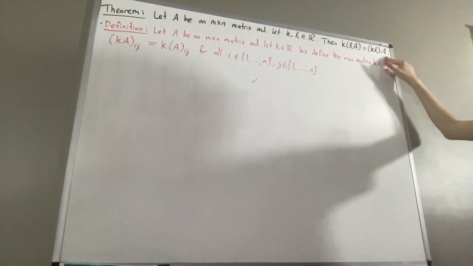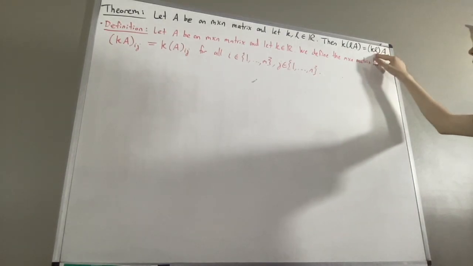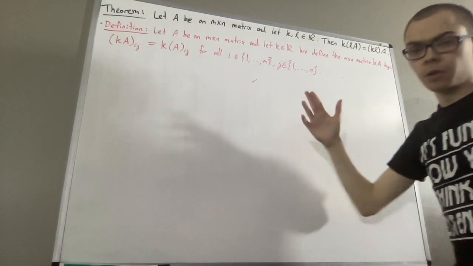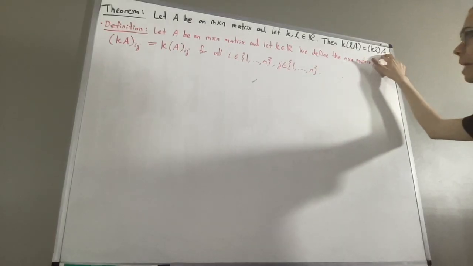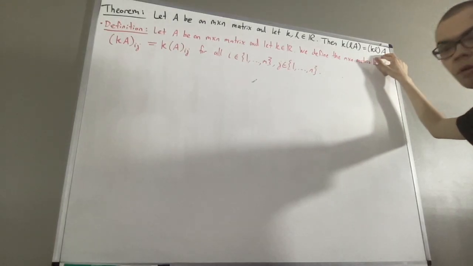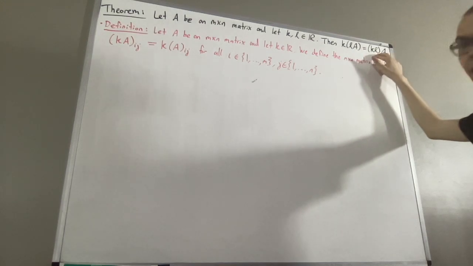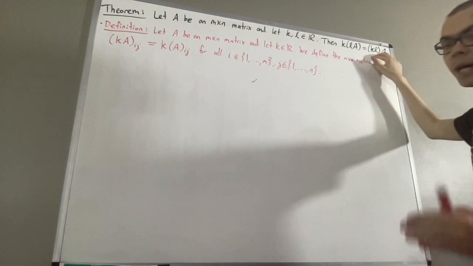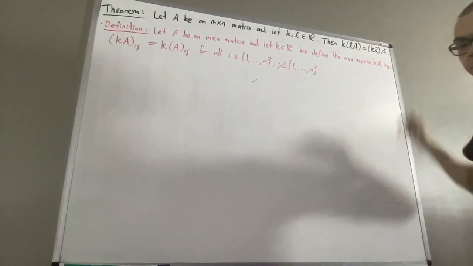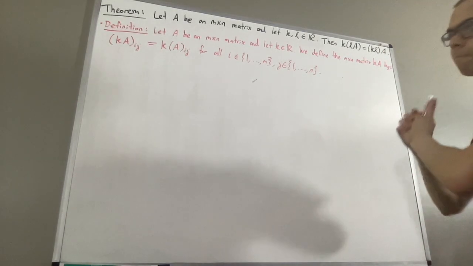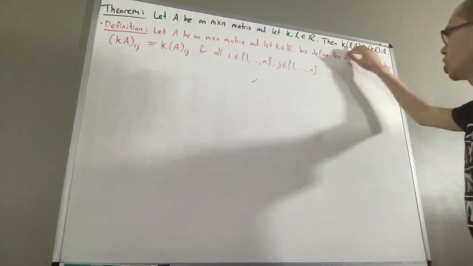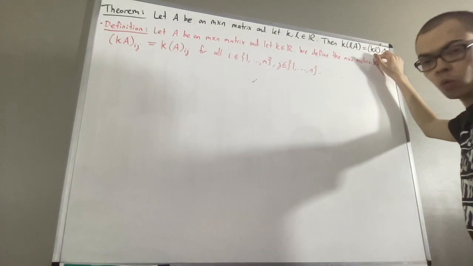What about on the right-hand side? Well, KL is a real number. So this is the result of multiplying the m by n matrix A by the real number KL. That will give us the m by n matrix KL times A. So now, we want to show that these two m by n matrices are equal.